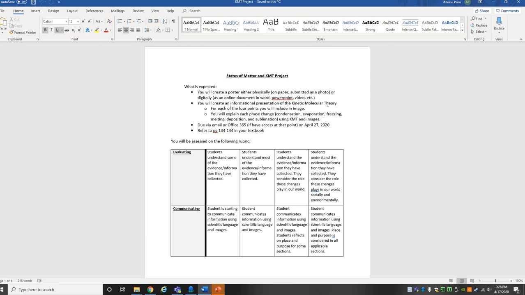You're going to describe each of the 4 points of the kinetic molecular theory, and you're going to include images explaining. And you're going to use kinetic molecular theory to explain each phase change. So we're talking about the addition and subtraction of energy, and you're going to use images for that.